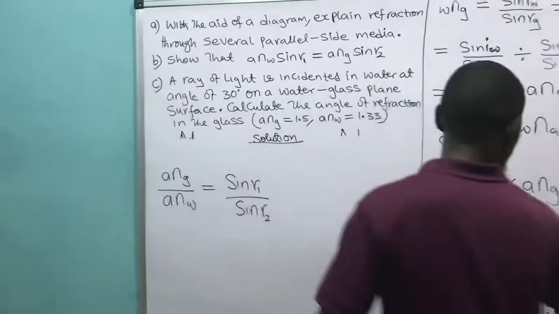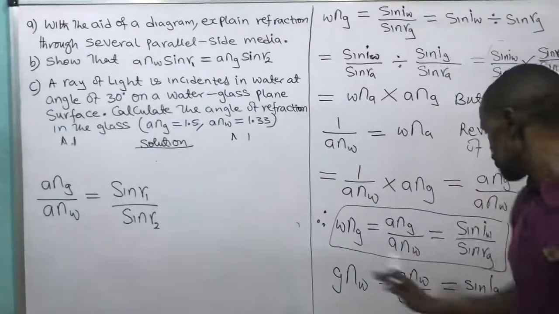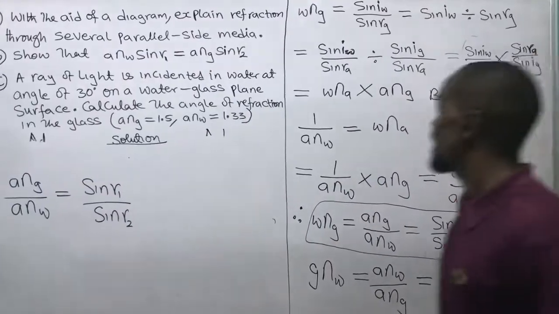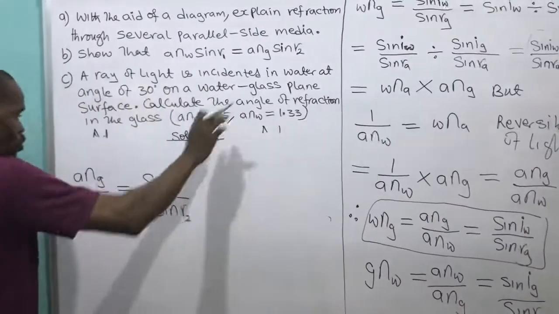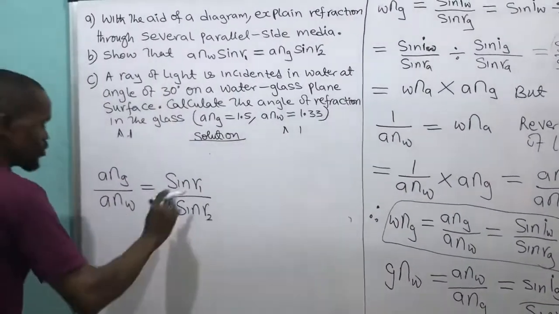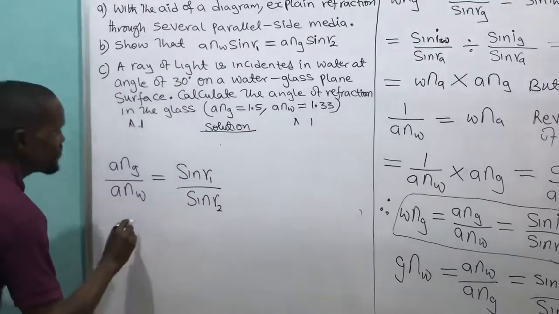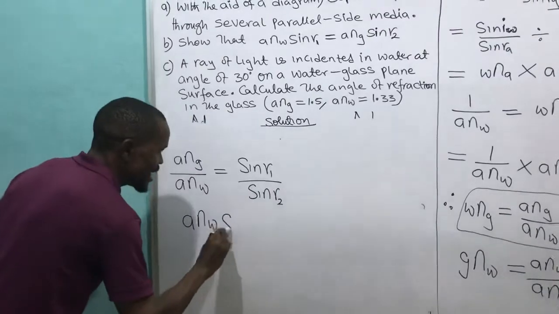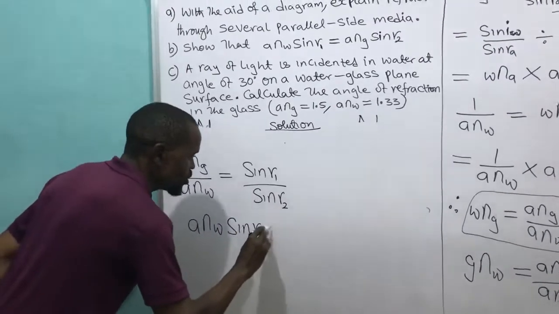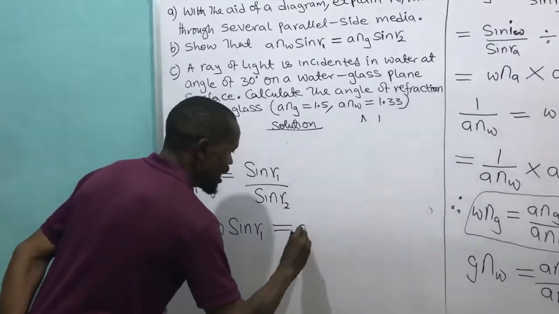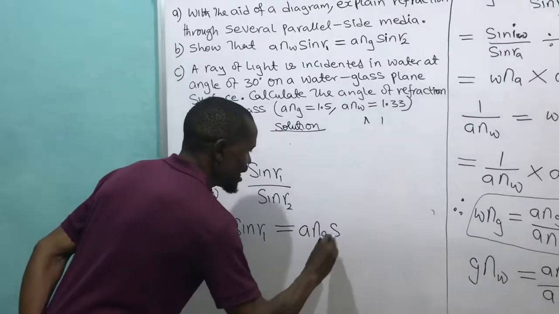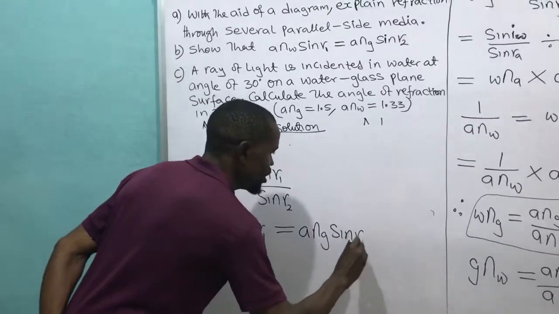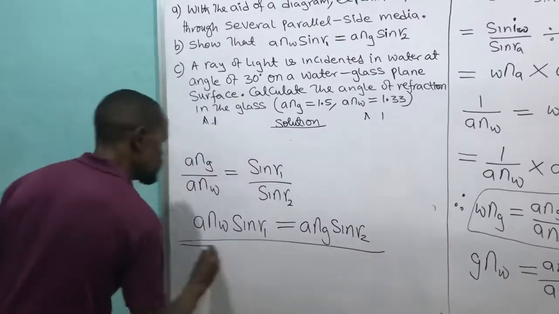R1 represents incidence in water, R2 represents refraction in glass. If we cross multiply, I will have A to water sine R1 equals A to glass sine R2. And that's what they say we should prove.